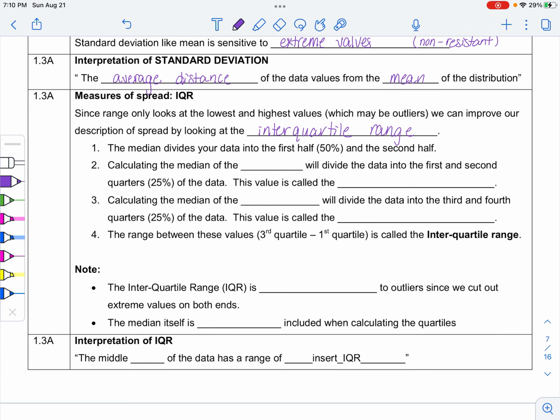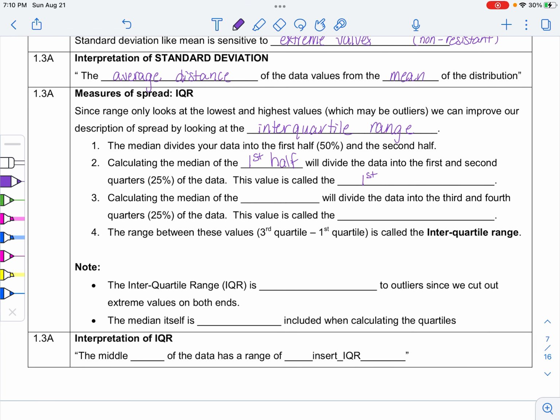And then what we're going to do is find the median of the first half. And that will divide the data into the first and second quarters of the data. This value is called your first quartile, or we call it Q1. And then if you go to the second half of the data, so we went on the left side of the median, we found Q1.